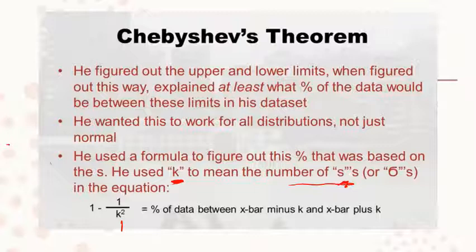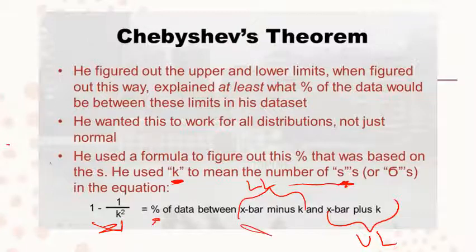And that is going to equal the percentage of data between X bar minus K and X bar plus K. And remember, X bar minus K is your lower limit, and X bar plus K is your upper limit. So this equation is going to tell you the percentage of the values that are between your lower limit and upper limit. Okay, so I hope that makes sense.